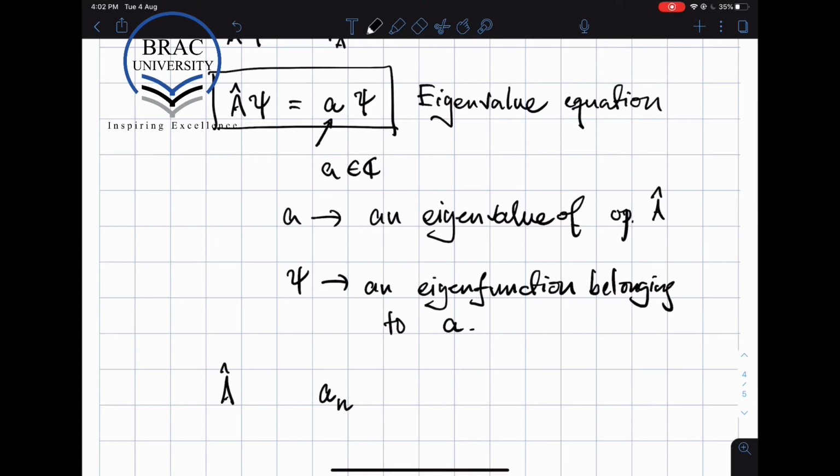Then the eigenfunction which belongs to the eigenvalue a_n will be denoted by psi_n, and then the eigenvalue equation would be A, the operator acting on psi_n, giving me a_n psi_n. So this is an eigenvalue equation. It's the same equation, but now I have labeled the eigenvalues differently.